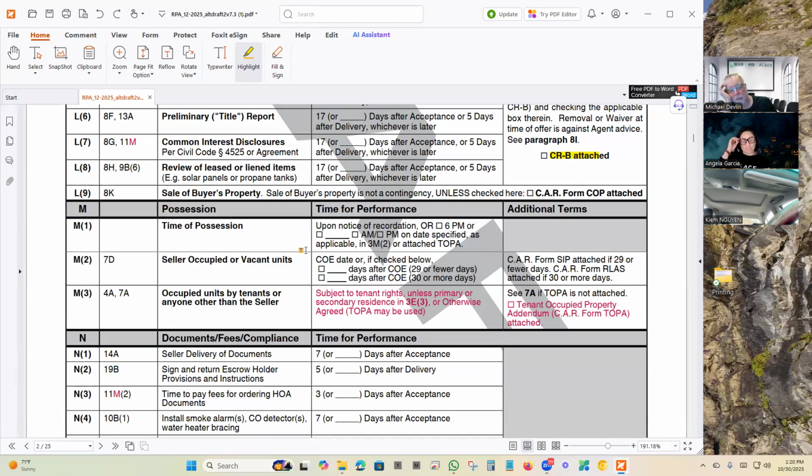Possession on recordation, when is that? That's when it closes. What if it closes late in the afternoon? Let's say it funds Friday morning, but late Friday morning, and it doesn't make it out for recording that day.